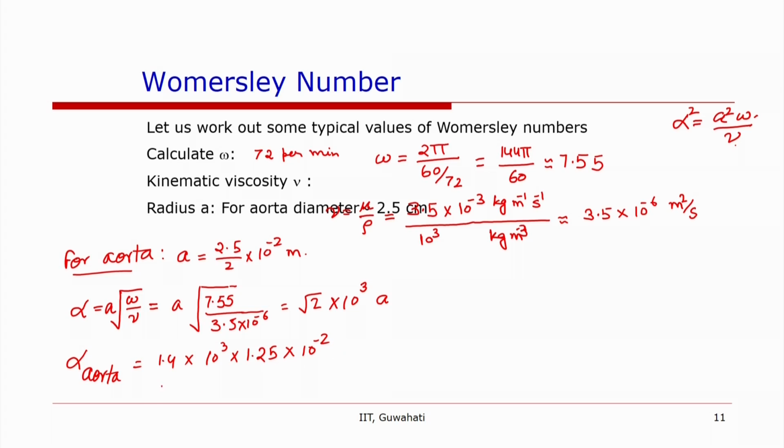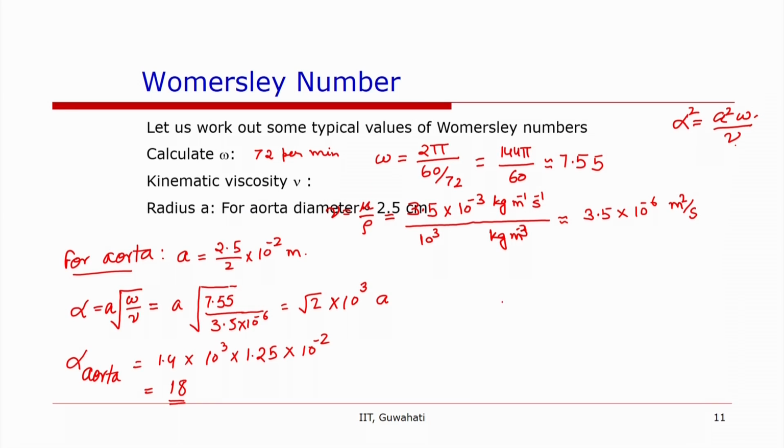So what we will get is, this number is about 17 or 18. So the order of magnitude of alpha in aorta is about 18, and because omega and nu are going to be same in the cardiovascular system, that is about the maximum value of alpha that will be there in the circulatory system.